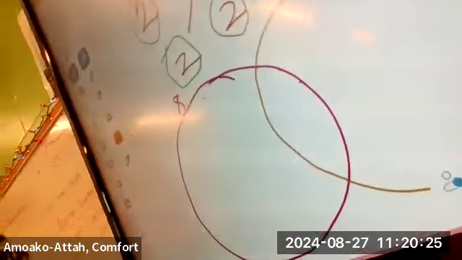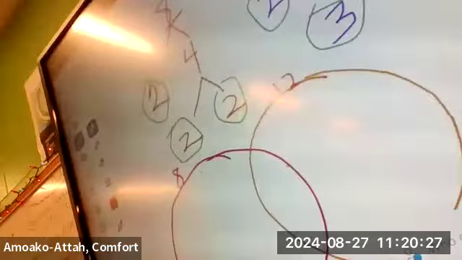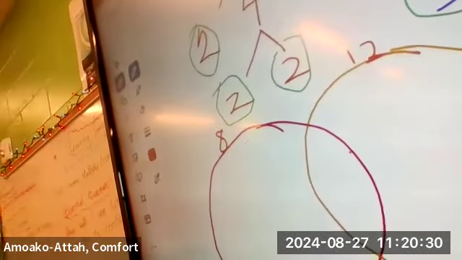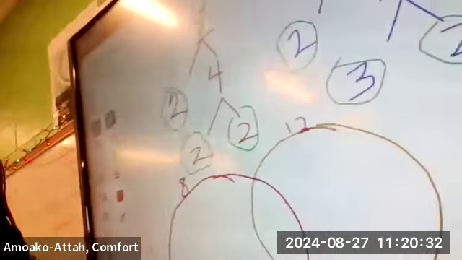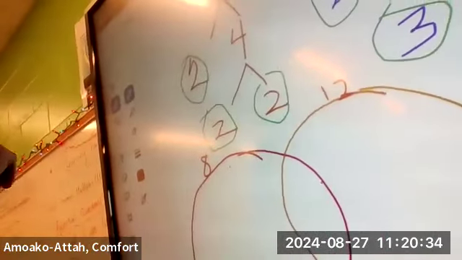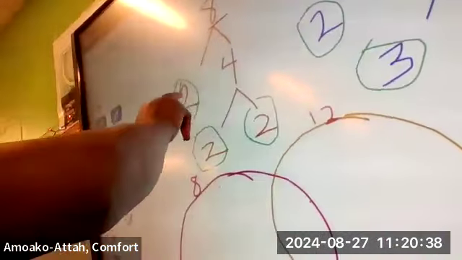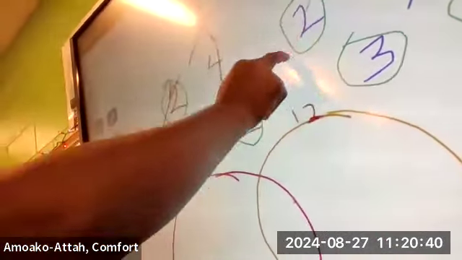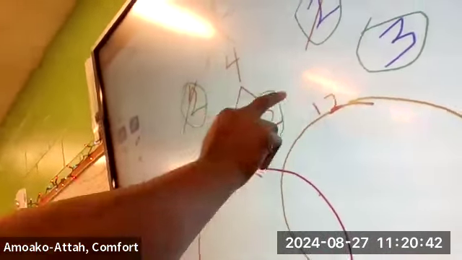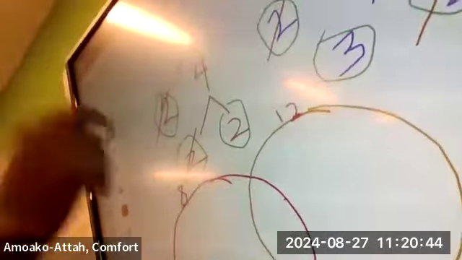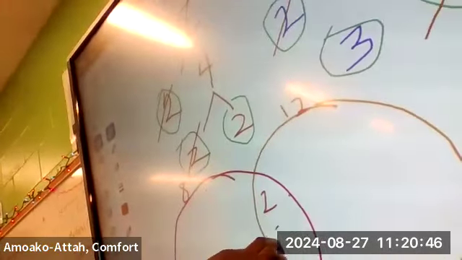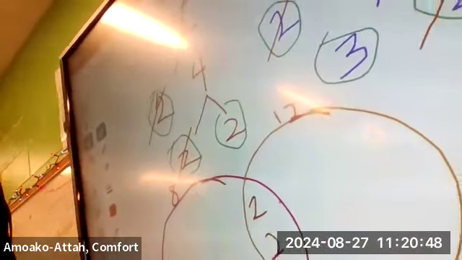So I label my circles for clarity's sake. Then I input my numbers. Look at the common ones. They all share 2, right? So we cross them out, and we write them at the overlapping circle, the intersection.